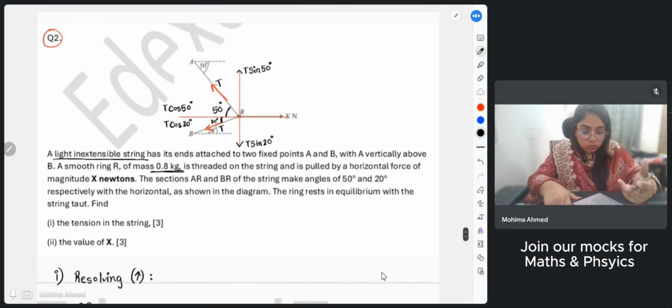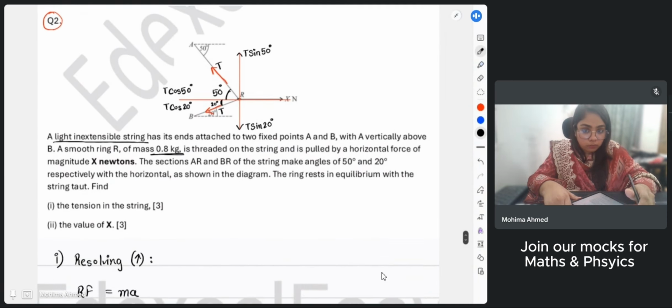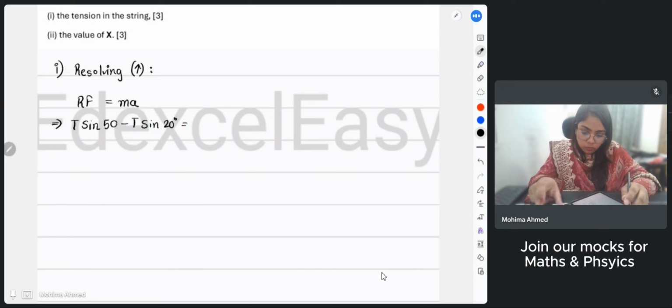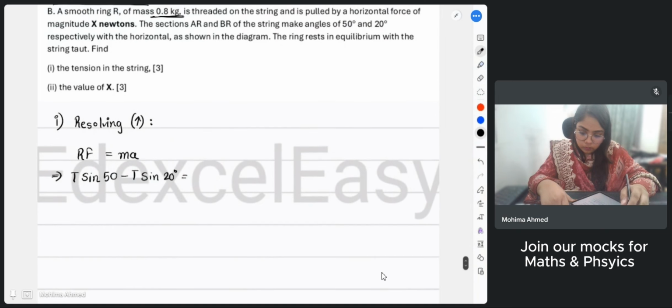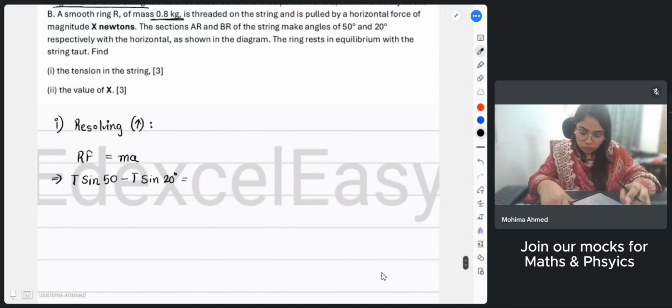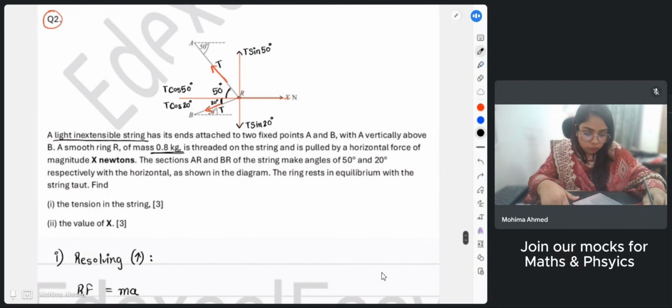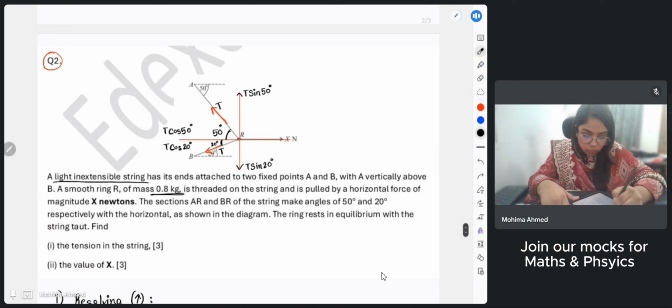So it's going to be T sin 50 minus T sin 20 degrees equals... wait, I forgot to input the weight over here. The mass was 0.8 kg, so there is 0.8g in the downward direction also.